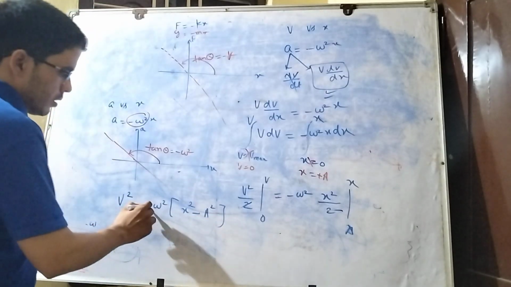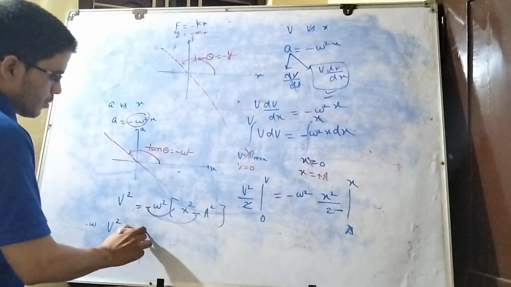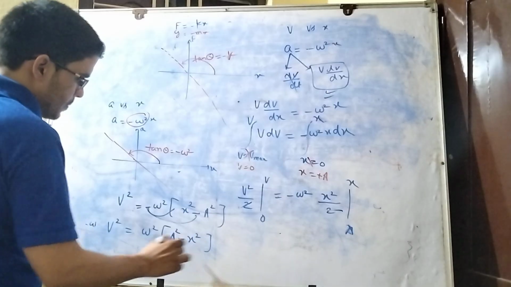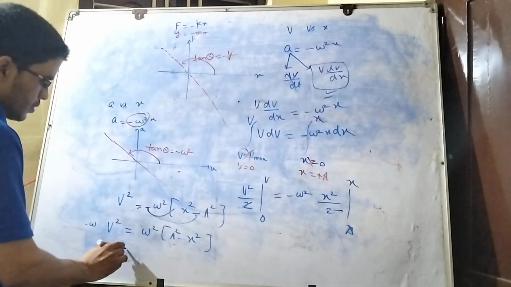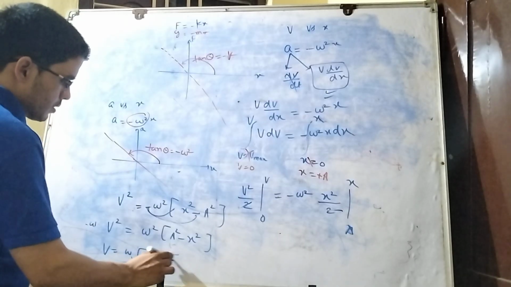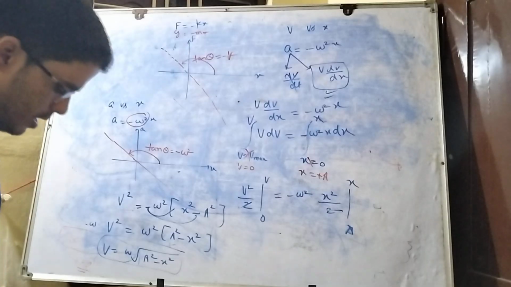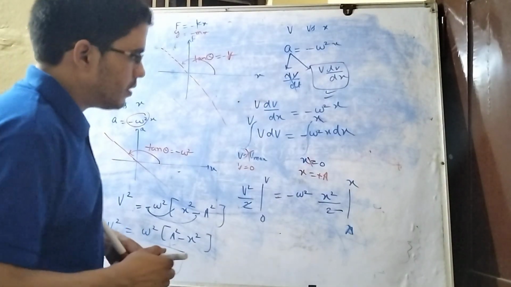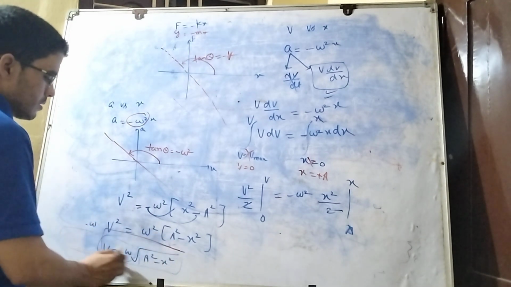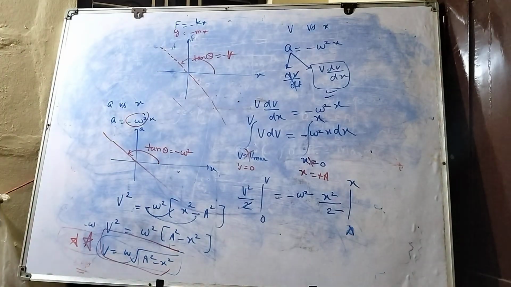This minus shifts inside the bracket, so it becomes omega square times a square minus x square, and v equals omega under root a square minus x square. Okay, v equals omega under root a square minus x square. So that is our very important formula. Please remember it for mains and advanced both.